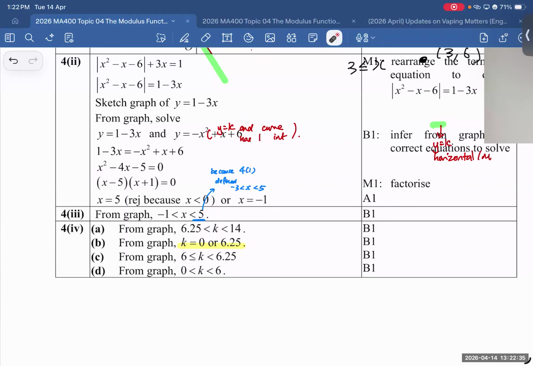Second, we are looking at y equals to k. There are two equations. So the number of times these intersect will be the number of solutions you'll have. Y equals to k is a horizontal line. If you're looking for 3 solutions, you understand? It's just a horizontal line.